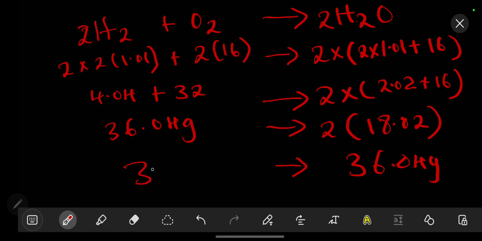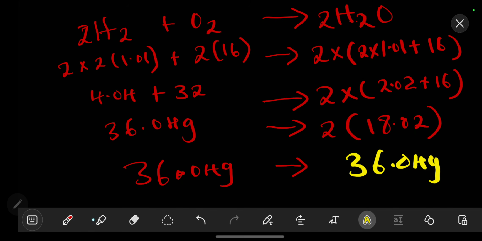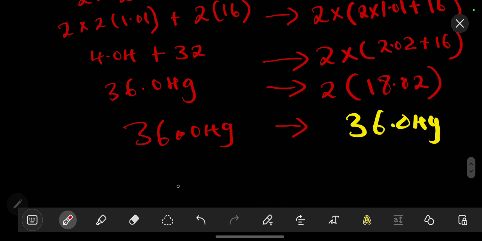So as you can see, the mass of the reactants is 36.04, and so is the mass of the product. Therefore, we can conclude, according to Dalton's atomic theory, that the mass of the reactants is equal to the mass of the product. So mass is neither created nor destroyed in a chemical reaction.